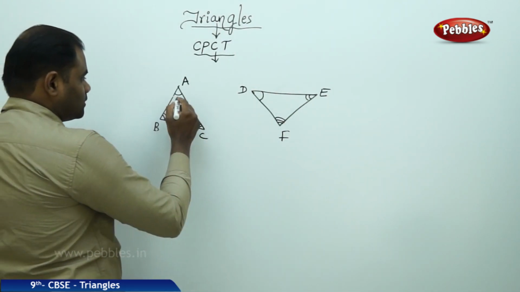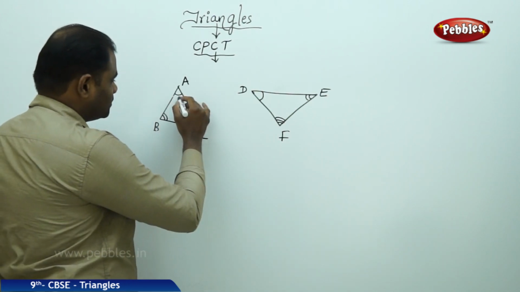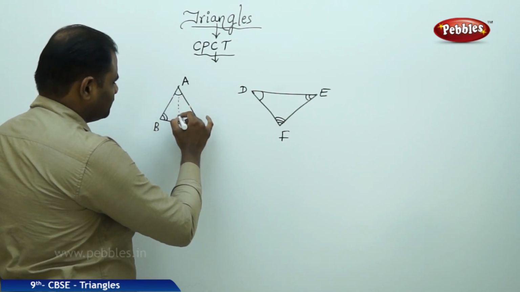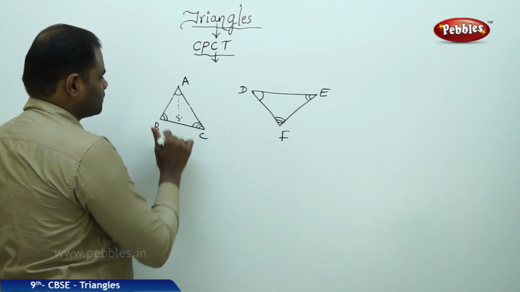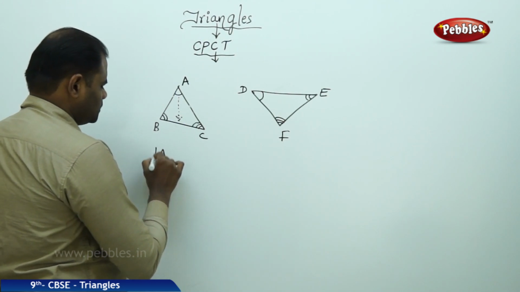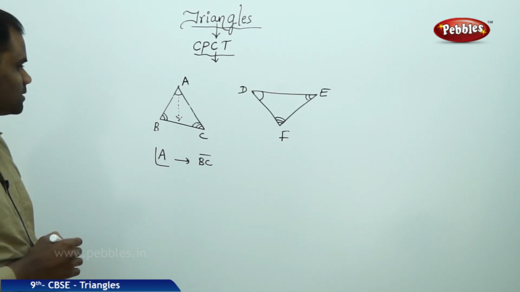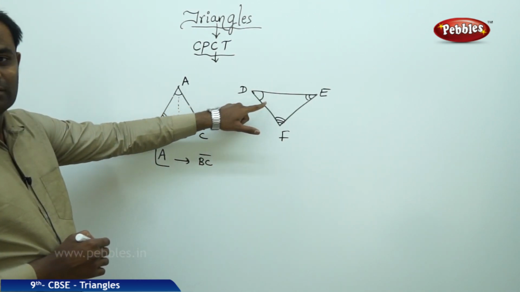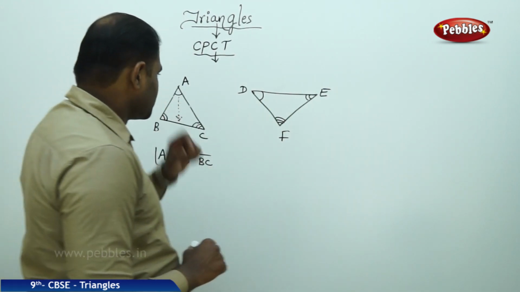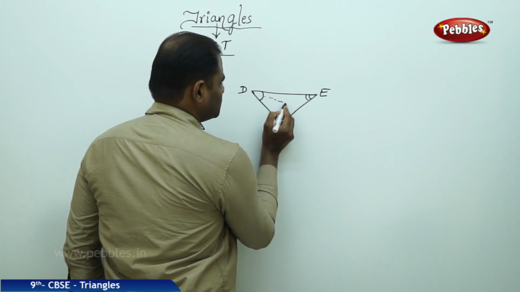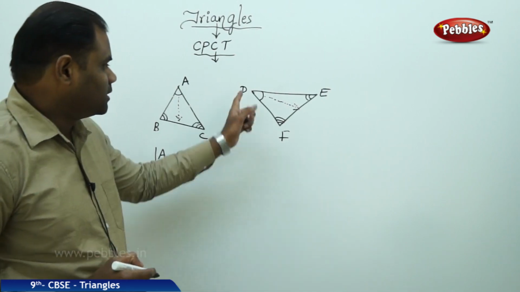Let's choose the side opposite to the first angle A. The side opposite angle A is BC. Now the corresponding angle of A is angle D. Therefore, the side opposite to that is EF, as can be clearly seen.